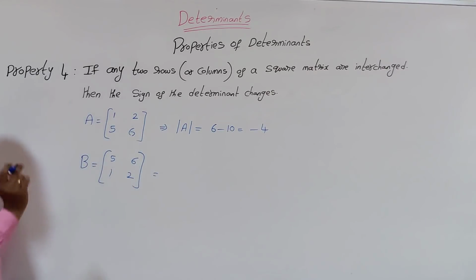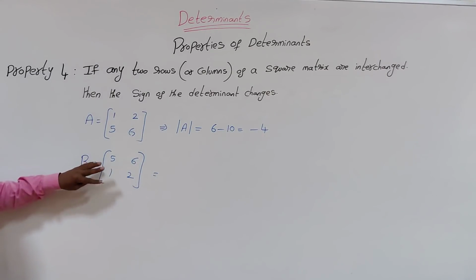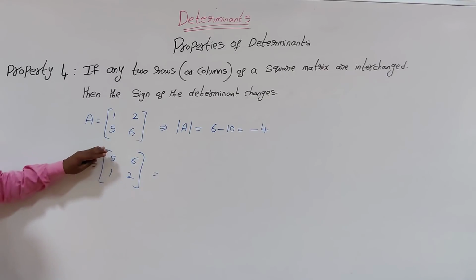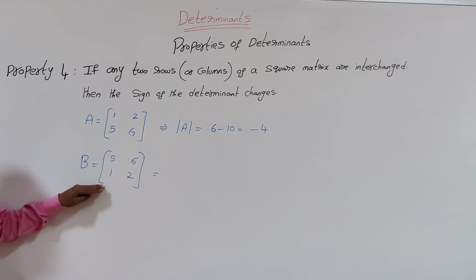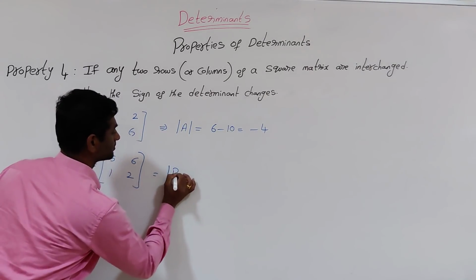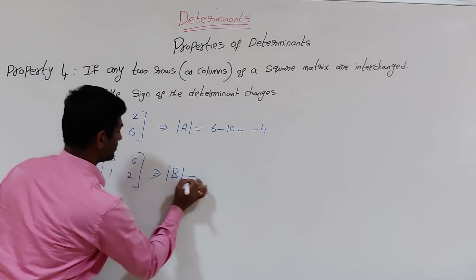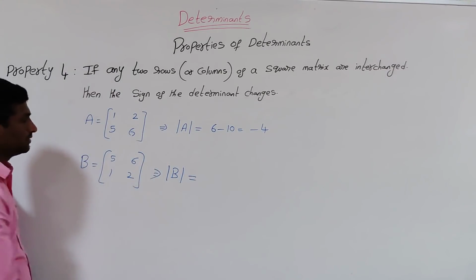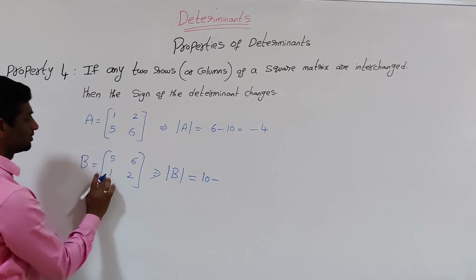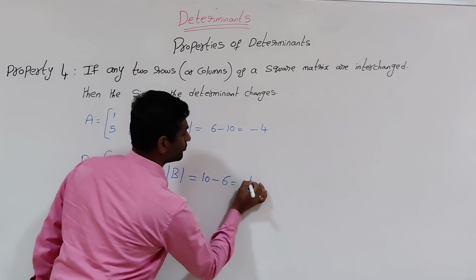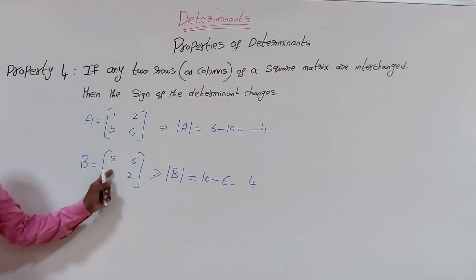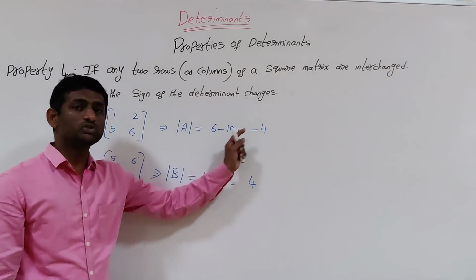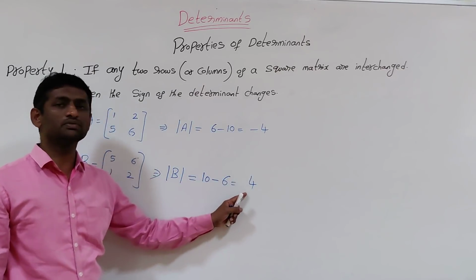In this case I have swapped the rows: the row 2 elements become row 1 and the row 1 elements are in the second row. Now what is the determinant of B? 5 into 2, 10, minus 1 into 6, that is 4. Meaning the two determinants are the same but of opposite sign. If this is minus, then it becomes plus.